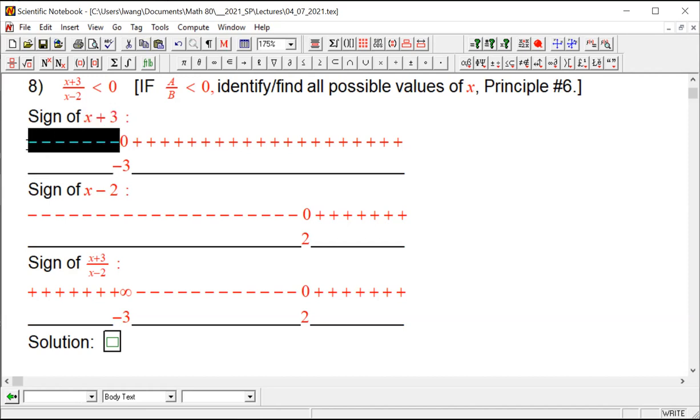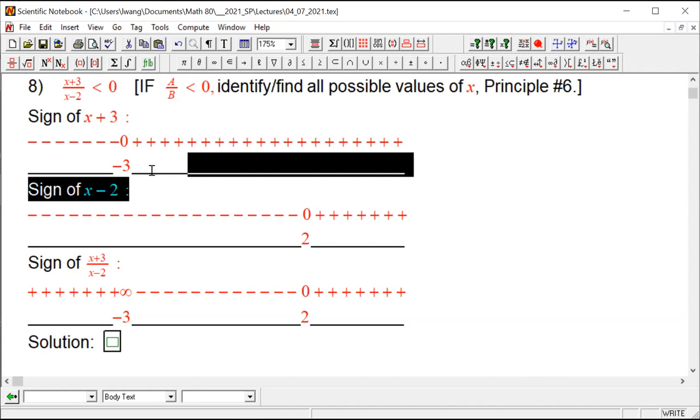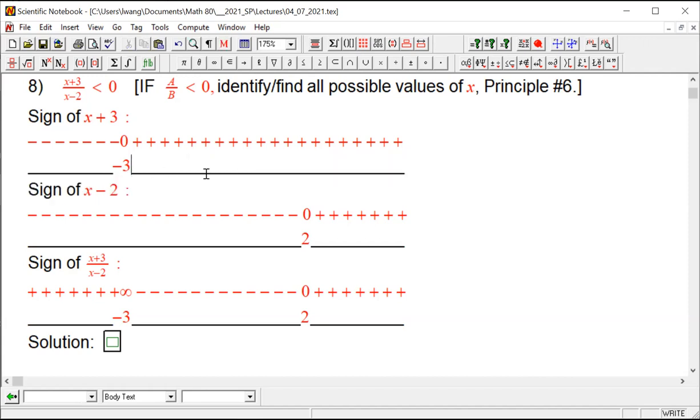So that's what the negative sign means. Any questions? When we pick any number larger than negative 3, say 2, plug in x plus 3, that's going to be 2 plus 3, that's 5.